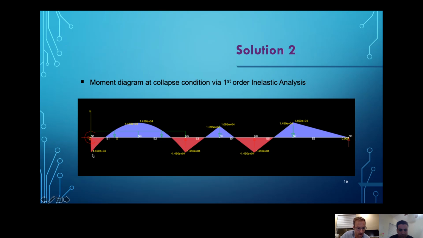And you can see at points, again, A, C, E, and F, the plastic moment of 14,500 has been reached.